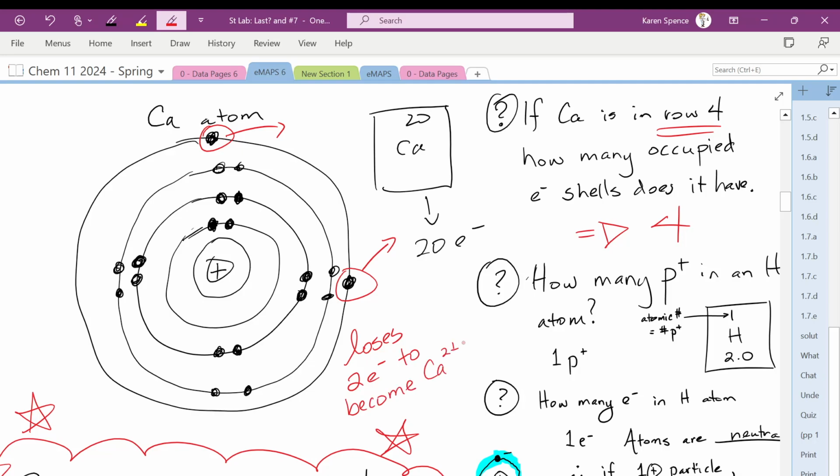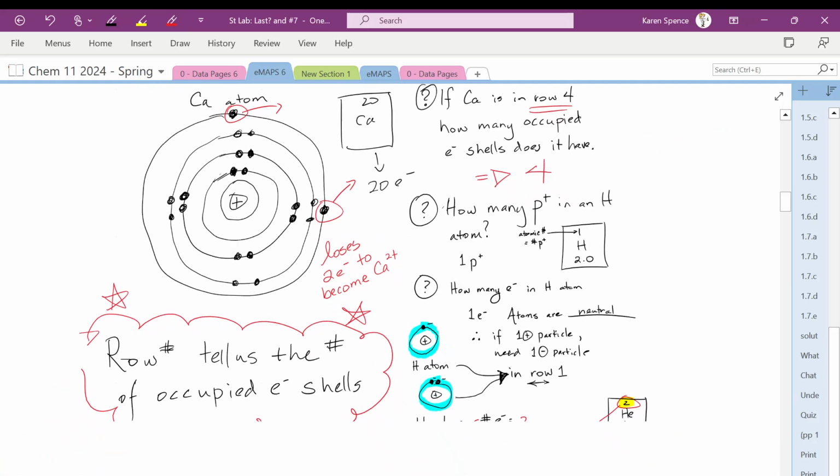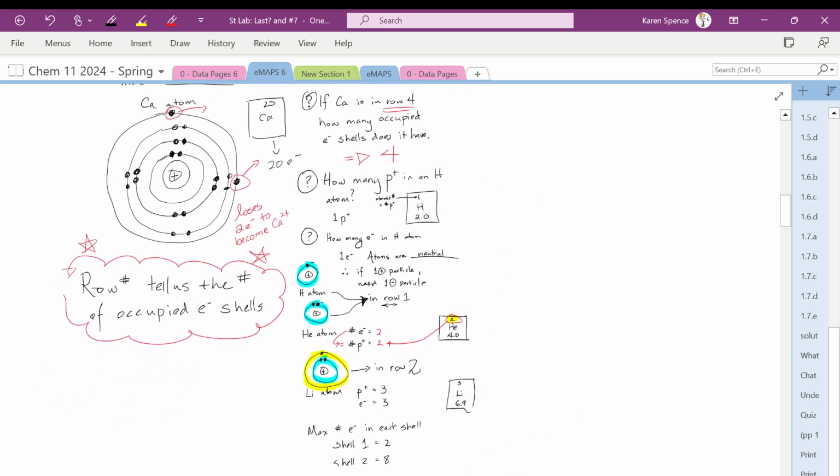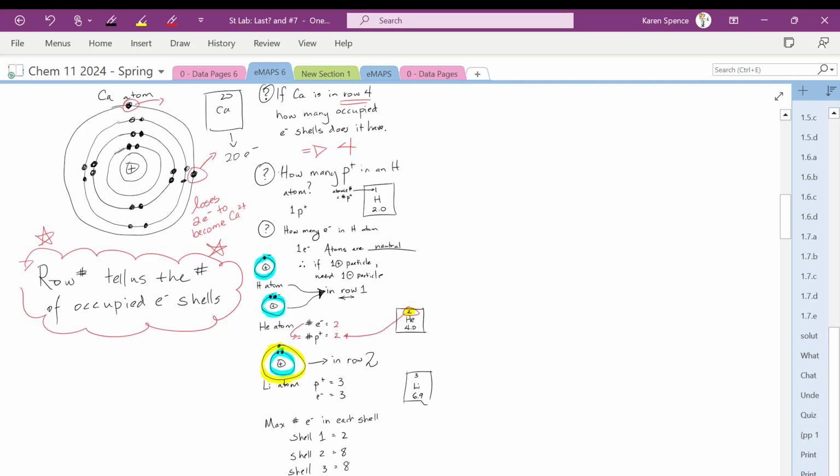Ca 2 plus. I'm going to make this small now so you can see both at the same time. Now I'm going to redraw: we had a calcium atom, now we're going to have a calcium ion.